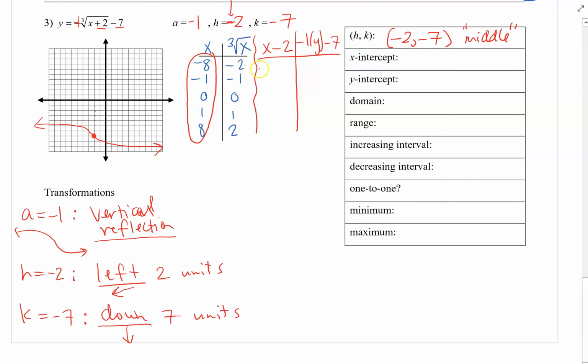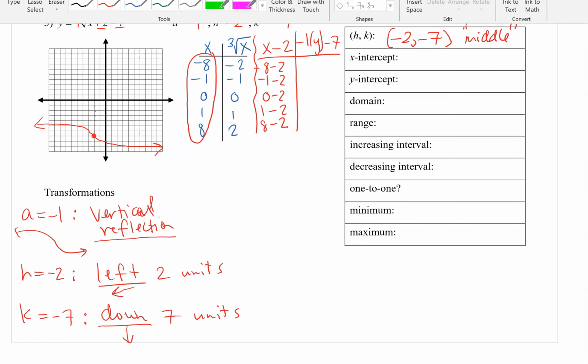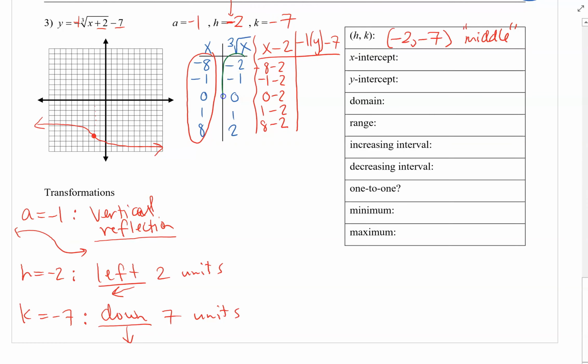So these are the numbers I'm going to subtract 2 from. And then for the y values, that were these here, the negative 2 through 2, I'm going to multiply all of those by negative 1 and then subtract 7. So you can see when I multiply them by negative 1, that's what makes their signs change, which is what makes them reflect over either above or below the x-axis.